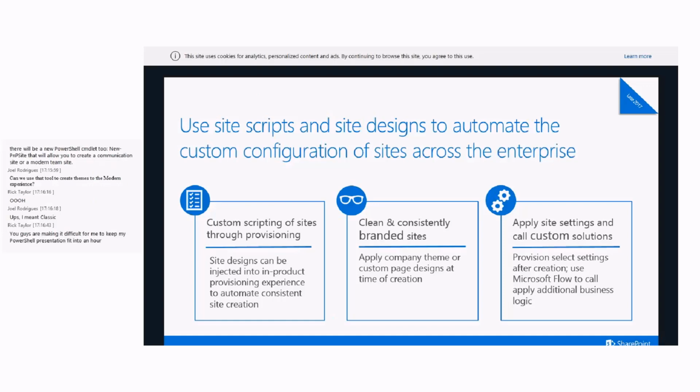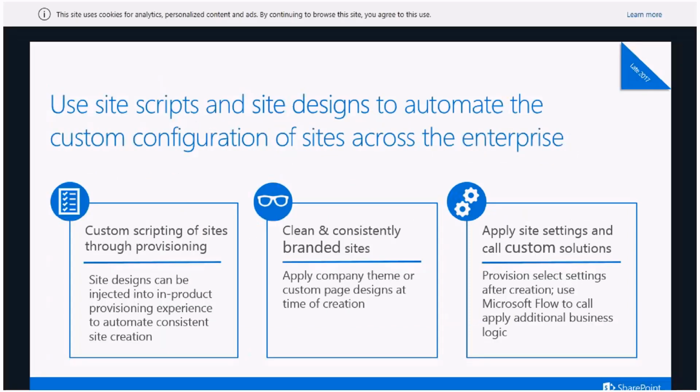So you, as a developer or a tenant admin, control what kind of site scripts and site designs will be exposed using the UI. And the site script defines what will happen on top of the out-of-the-box site once it has been created. Typical scenarios are that you want the company theming applied, the company logo applied, and some additional settings applied as well.